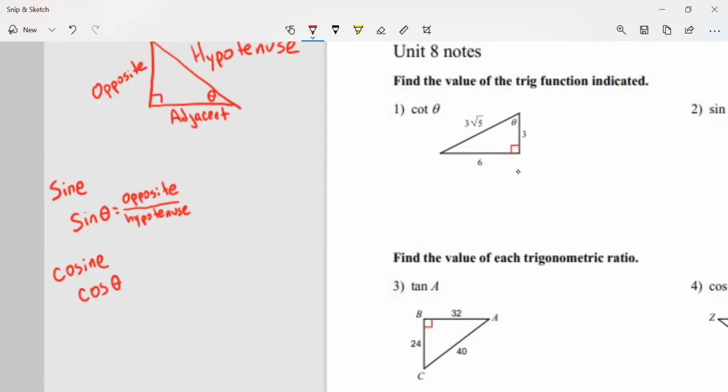So cosine of theta is going to be adjacent over hypotenuse. So cosine is going to be adjacent over hypotenuse.